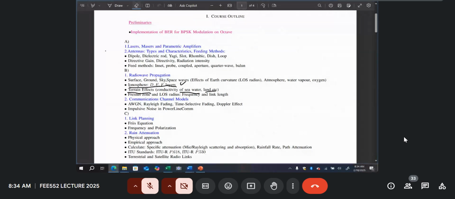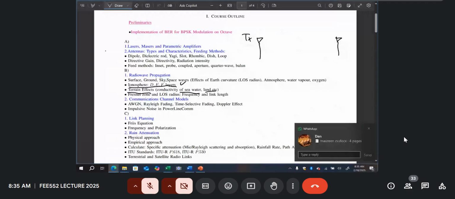The other thing that is important that we are going to look at is communication channel models. A channel model is... anyway, second semester is quite easy because you're just talking about a link. So of course they are all transceivers, but let's just say you have a transmitting side and a receiving side.